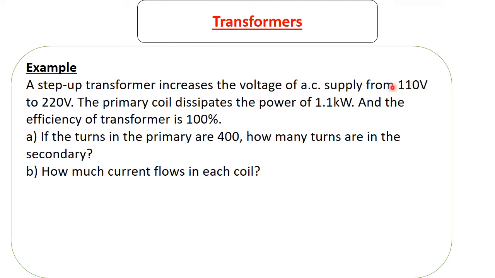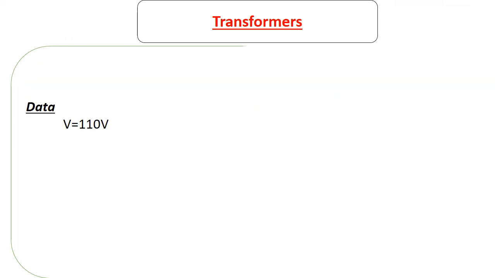We can use the formula that connects power, voltage, and current. So we can say the voltage in the primary is 110, but power is 1.1 kilowatts, which if we convert, it's going to be 1100 watts. So power is going to be voltage times current, which is supposed to be primary current here. Forgive me for this.